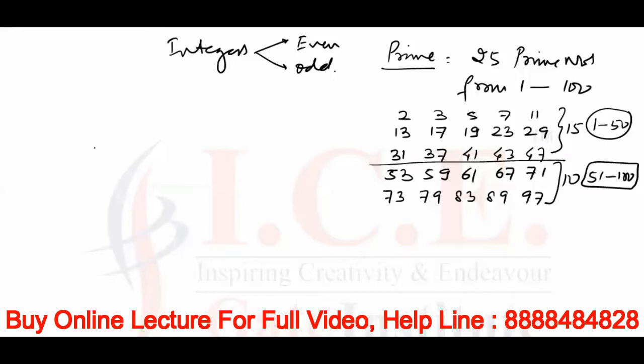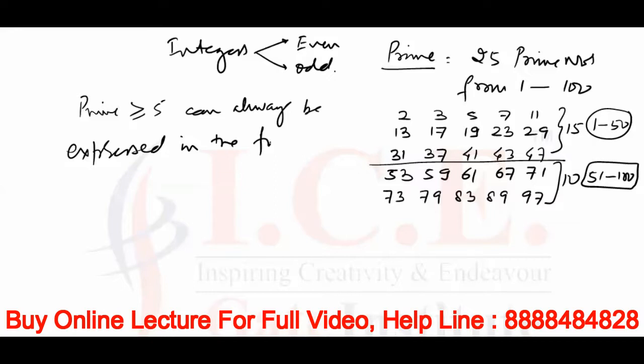Now any prime number which is greater than or equal to 5 can always be expressed in the form 6k plus minus 1 or 4k plus minus 1.